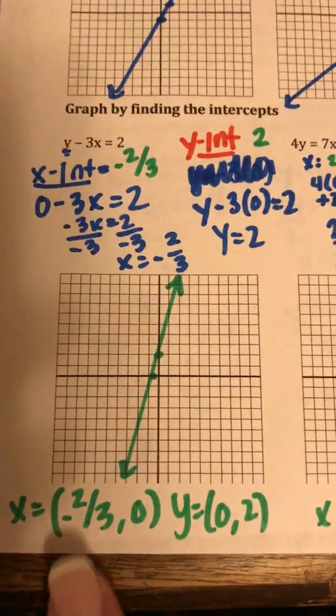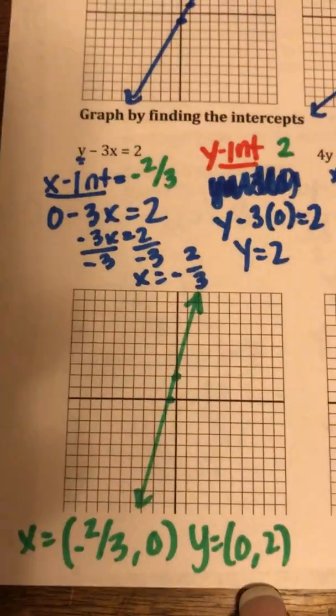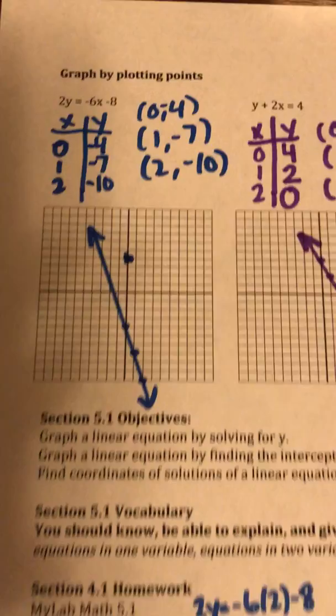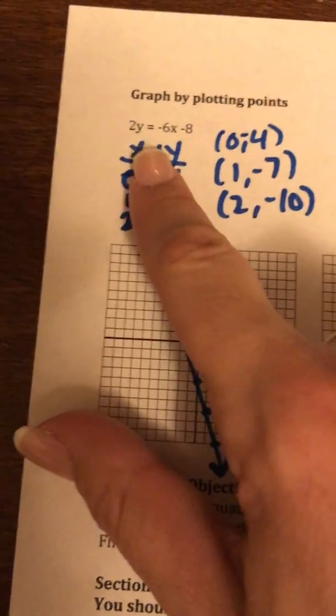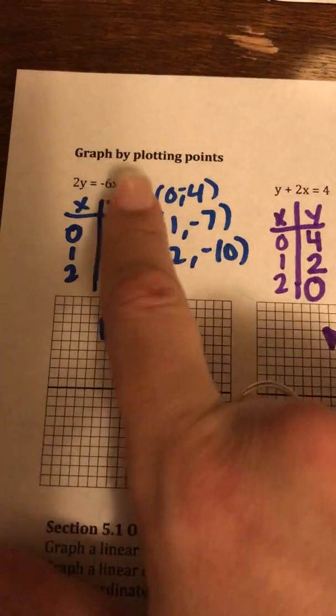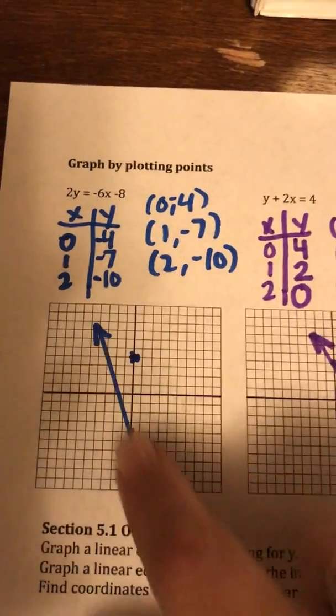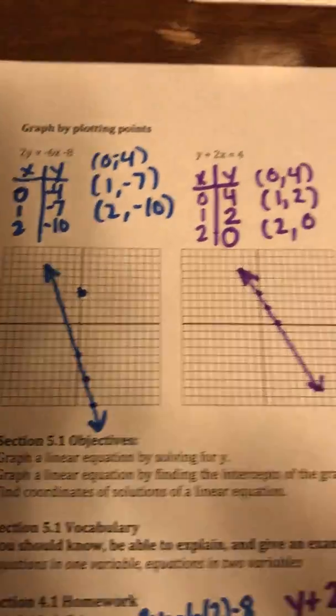You can find the x and y intercepts by setting either y to 0 or setting x to 0. And finally, you can graph by plotting points, making a table of x values, plugging that x value into the equation, and finding the y value. Once you have those ordered pairs, plot them and draw your line.